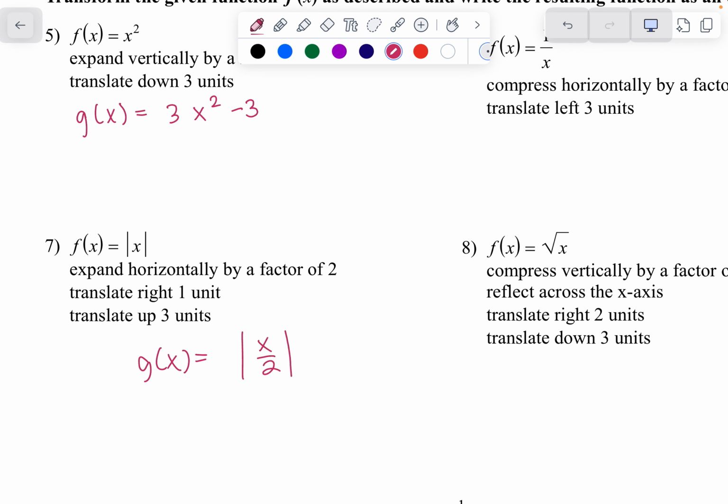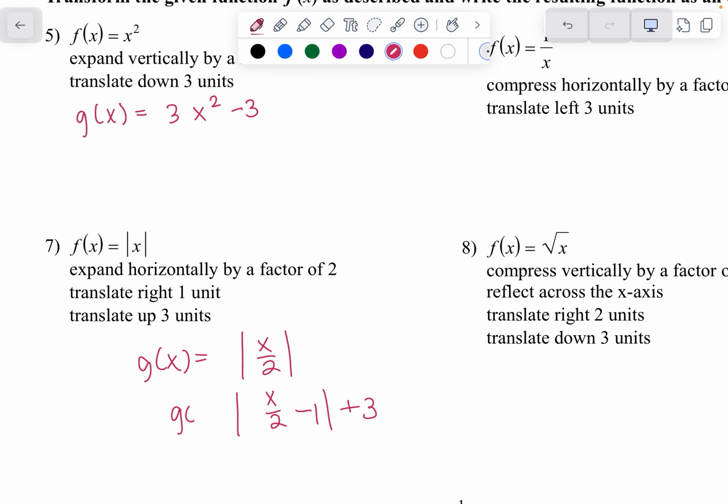Translating to the right, we are going to need to go inside the function and subtract 1 would move it to the right, and then up would be 3 on the outside. So your final answer needs to have all of that.